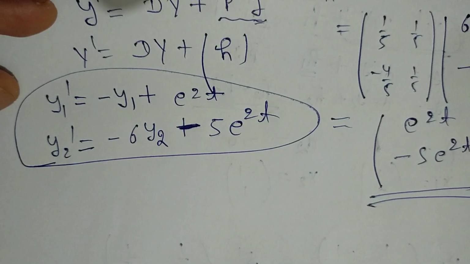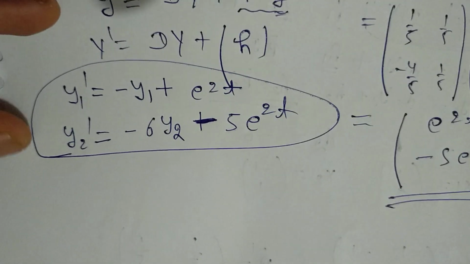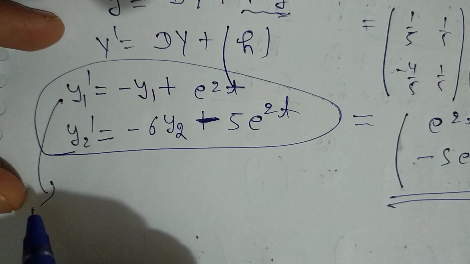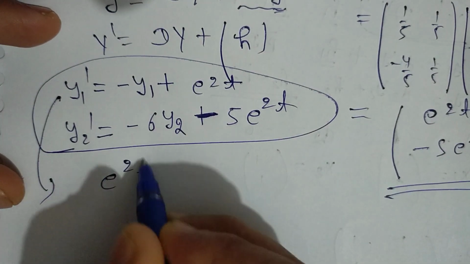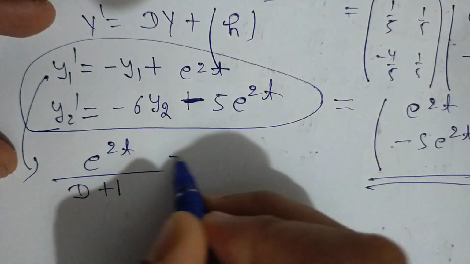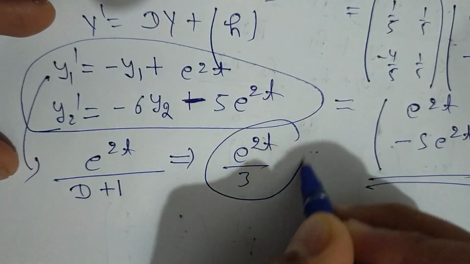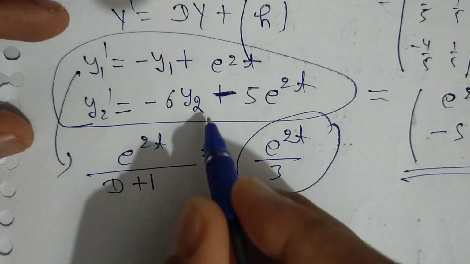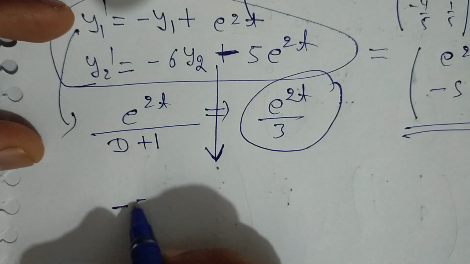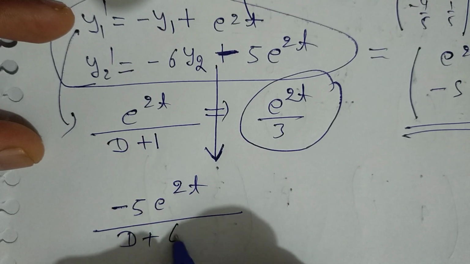Now let us try to find the particular integral. We can find this using the inverse method. For the first equation we have e power 2t by D plus 1, so your particular integral will be e power 2t by 3. This is for the first equation. For the second equation we have minus 5 e power 2t by D plus 6.